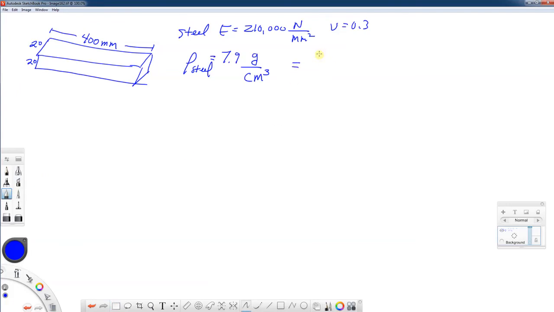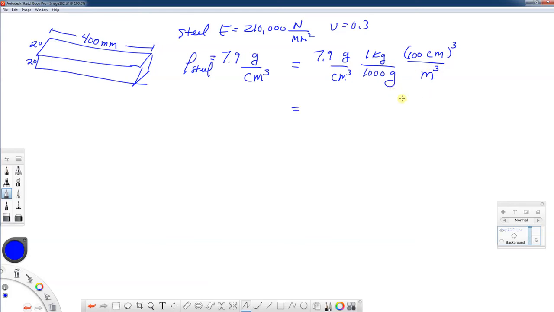So we have 7.9 grams per cubic centimeter. We have 1 kilogram is equivalent to 1,000 grams. And we have 100 centimeters per meter. And then if we cube that, we will end up with units of kilogram per cubic meter.